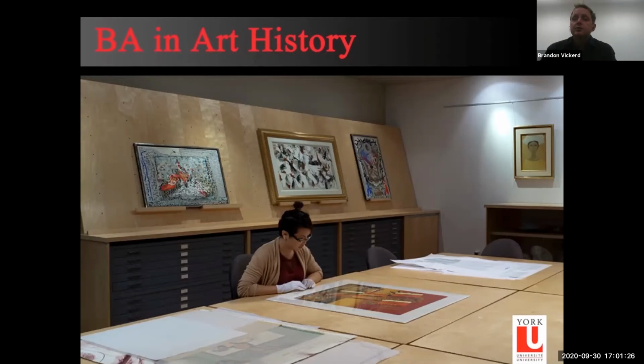So this is an opportunity for students to actually physically work with these real works of art. And there are opportunities for students who are interested in curatorial studies to perhaps curate exhibitions of some of these artworks, or maybe look at working in institutions as part of a placement or mentorship opportunities. That could be something like the Art Gallery of York University, which is our professional on-campus gallery, or perhaps working at a local archive with some of our alumni.